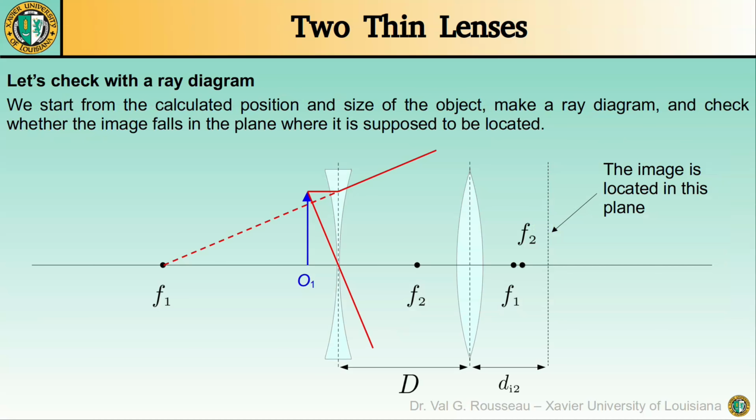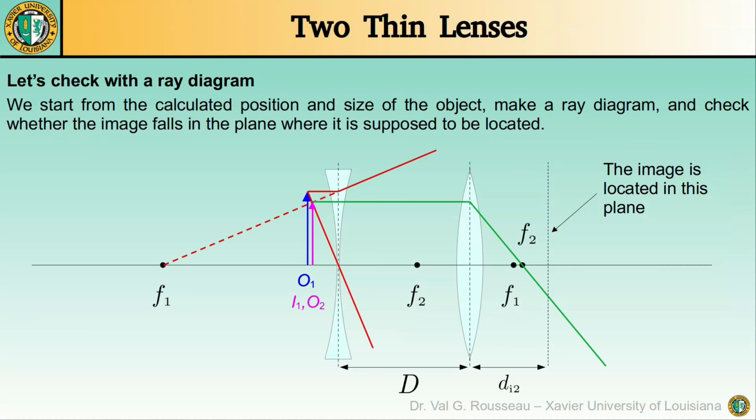However, the two rays seem to come from a point in front of the lens, which is where we find the virtual image. Although no real image is formed by the first lens, the virtual image it produces acts as the object for the second lens. We now construct the image of it by ignoring the first lens.